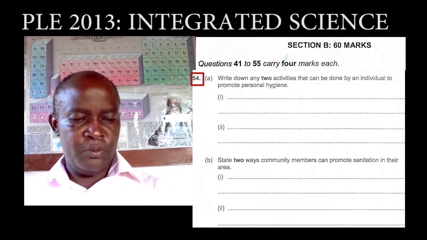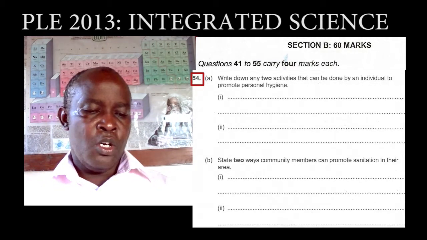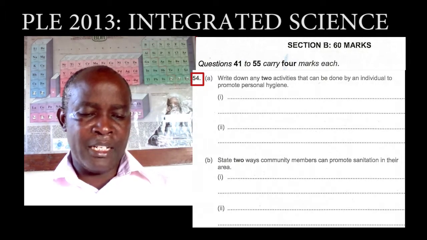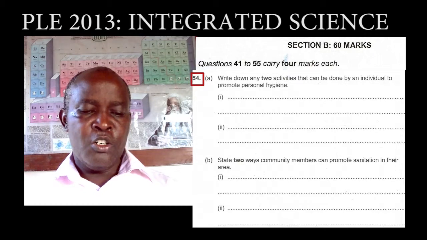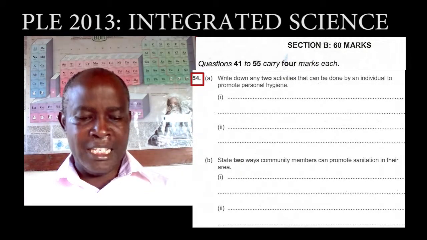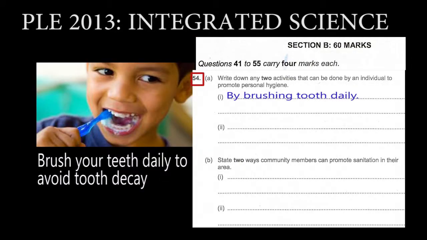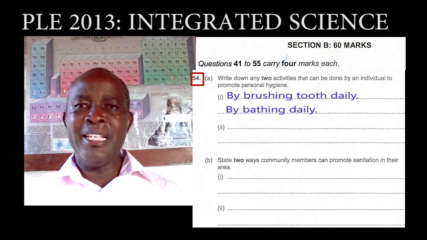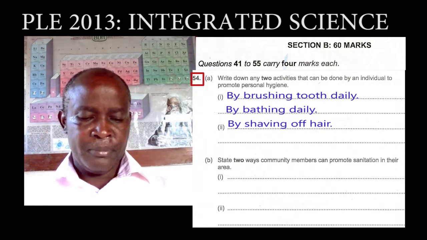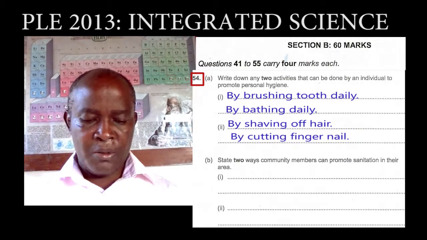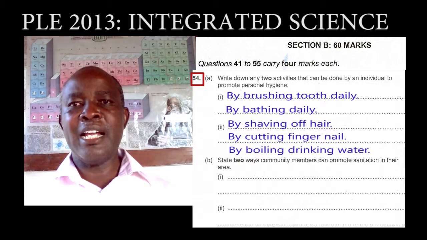Number 54. A. Write down any two activities that can be done by an individual to promote personal hygiene. By brushing teeth daily, by bathing daily, by shaving off your hair, by cutting your fingernails, by boiling drinking water, and many others.